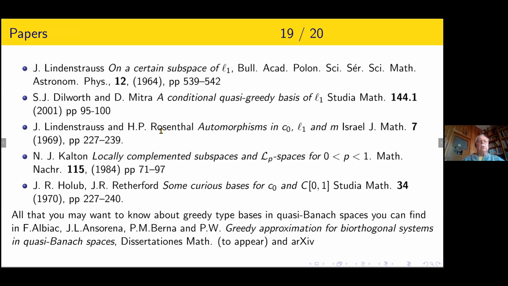You see, I mentioned those papers, an old paper by Lindenstrauss, on which this quotient was put into public, in the Bulletin of the Polish Academy of Sciences. Then Dilworth and Mitra is a paper in Studia. Lindenstrauss and Rosenthal is a paper on automorphisms of L1 and c0, in the Israel Journal.